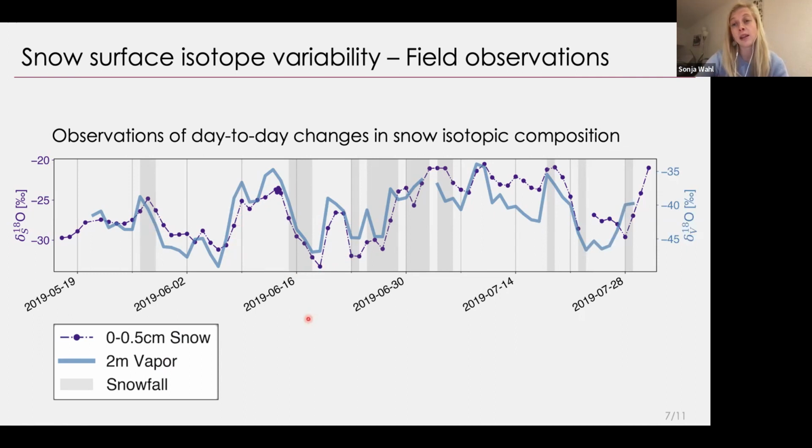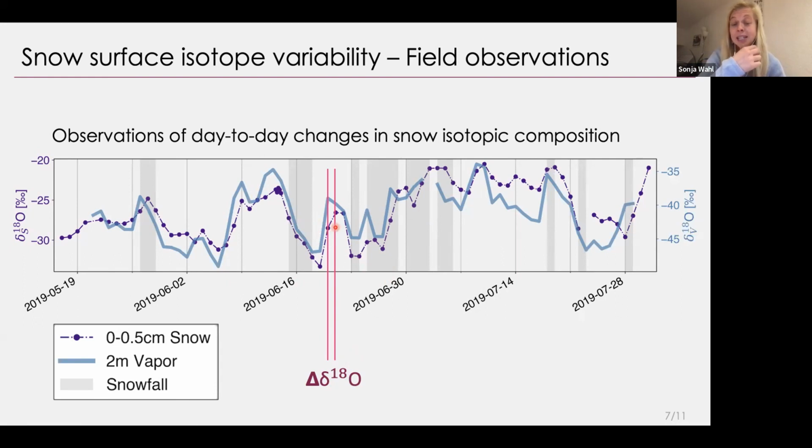And then the idea was to see if we understand what exactly is happening by simulating this variability in a way. But because we didn't want to parameterize any of the snowfall events, we stuck to the times without snowfall, and we wanted to model these day-to-day changes that we observed here. And I call them delta, basically.